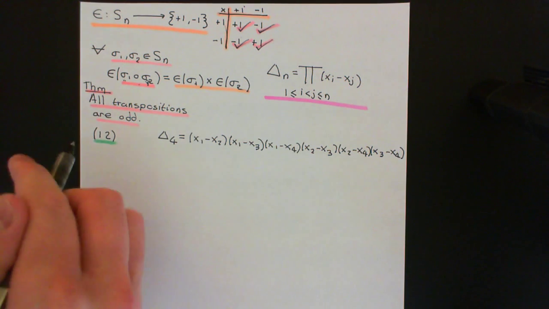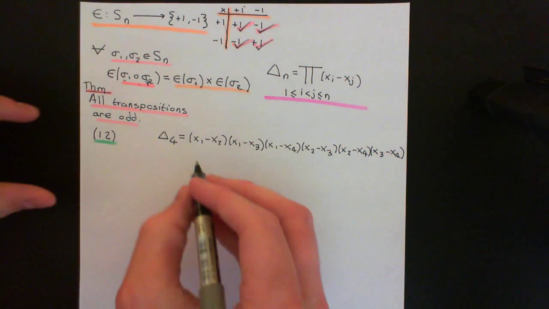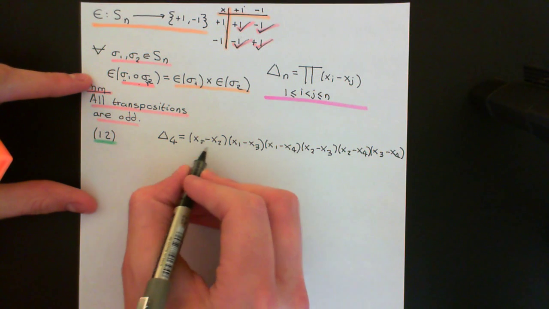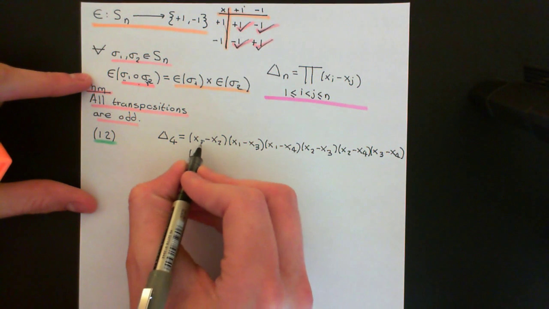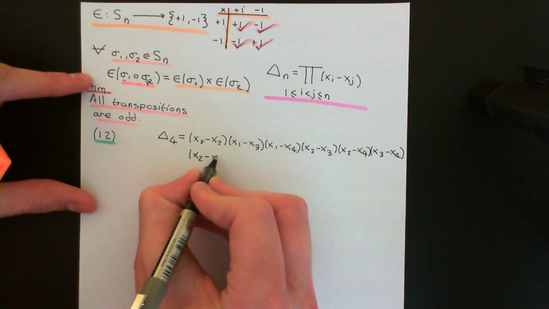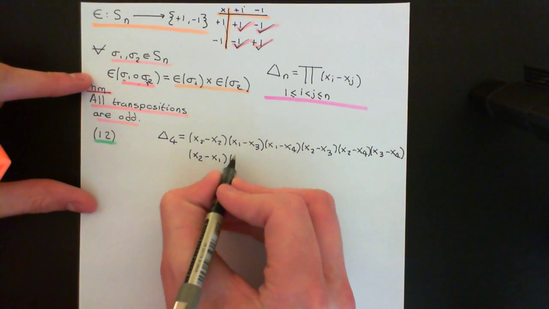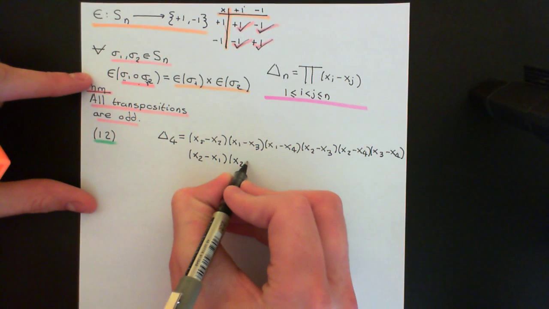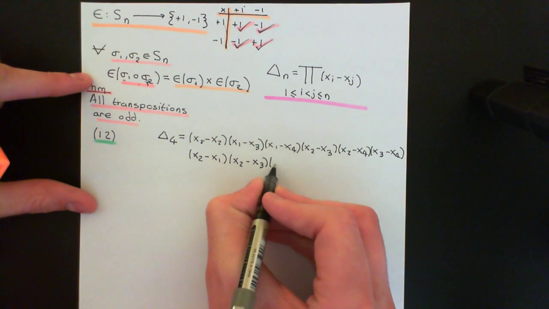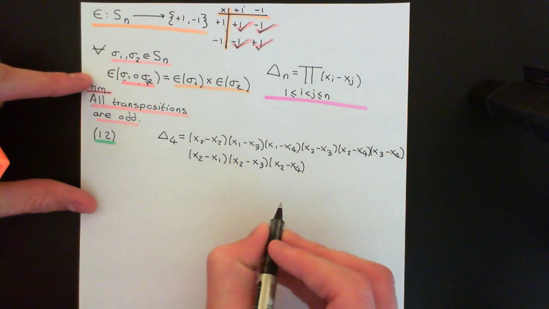Now let's think about acting this transposition on this polynomial. What's going to happen? Well, this one here, we're going to send 1 to 2 and 2 to 1, so that one's going to flip, and I'm sorry, I've just drawn on that one, x2 - x1, so that one does flip. When we do this one, x1 goes to x2 and x3 remains constant. Here, x1 goes to x2 and x4 remains constant.